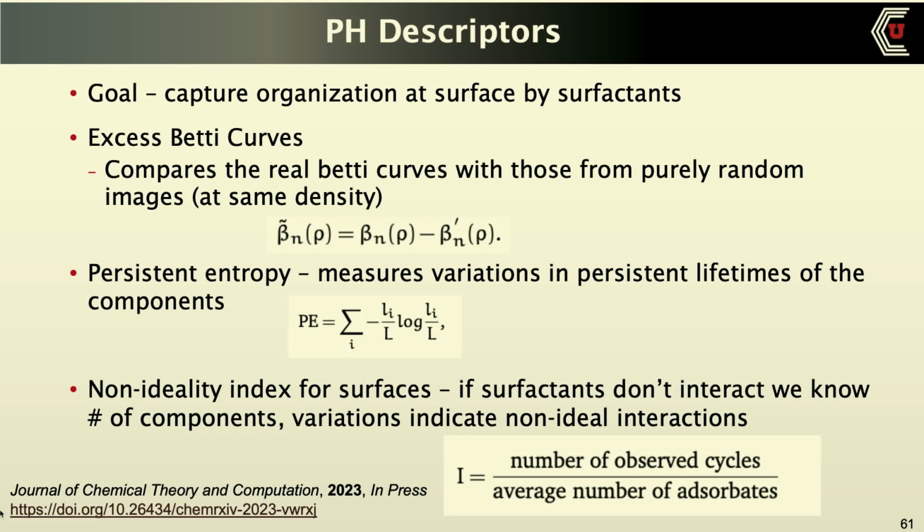We used a random number generator to create this random image. Then the difference between the equilibrated molecular dynamics density distribution versus the random distribution we call the excess Betti curve.